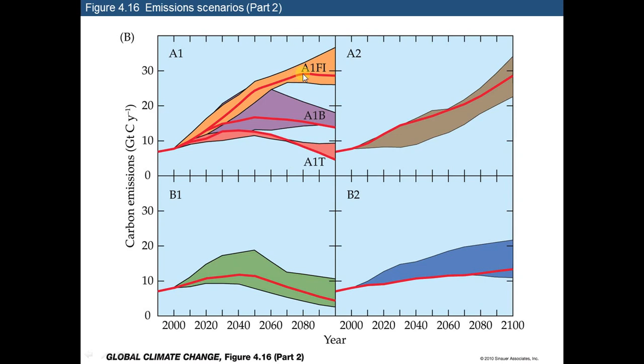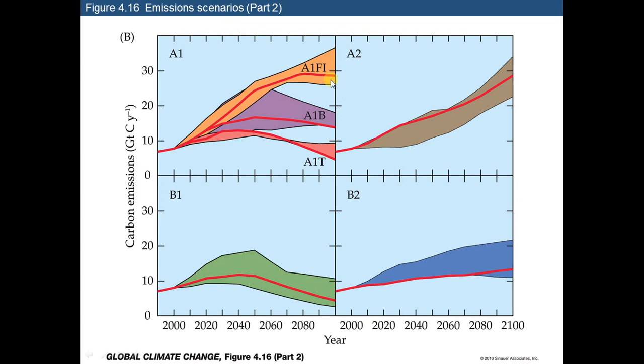The rate of increase decreases, but by 2070, 2080, the world is putting in 30 gigatons of carbon per year. That's 3 times as much as now. So imagine what if the world is putting 3 times as much carbon dioxide into the atmosphere than now. Imagine how carbon dioxide concentrations are going to go up. Okay, we'll see that too, how the concentrations change.